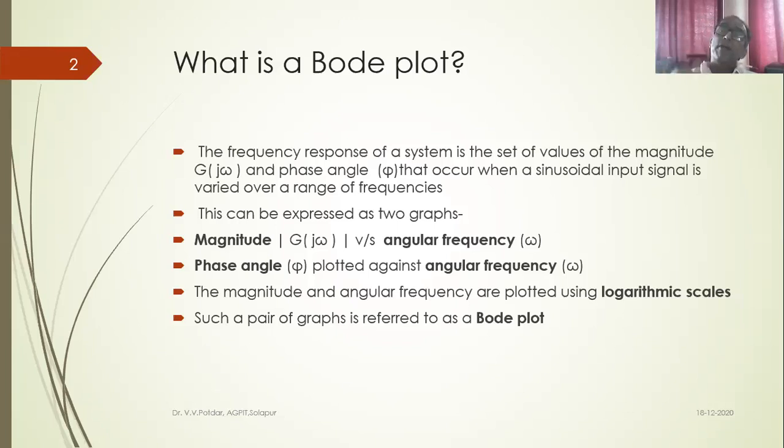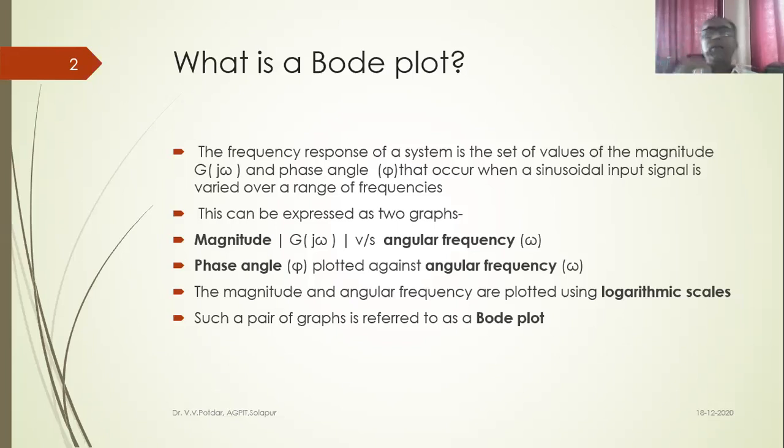Now, when I carry out frequency response, when I give a sinusoidal input, the normal practice is that the sinusoidal function is given in the form of a complex variable, isn't it? If you remember, this sinusoidal input can also be represented by putting S equal to jω.